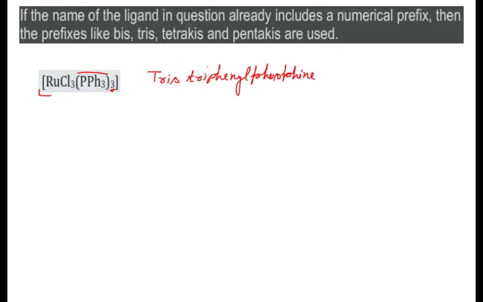Sometimes brackets can be used. Triphenylphosphine, then trichlorido ruthenium, and the oxidation state will be 3.